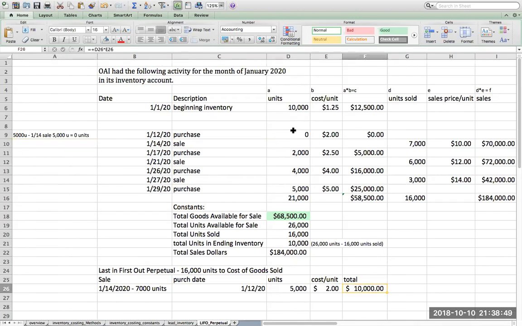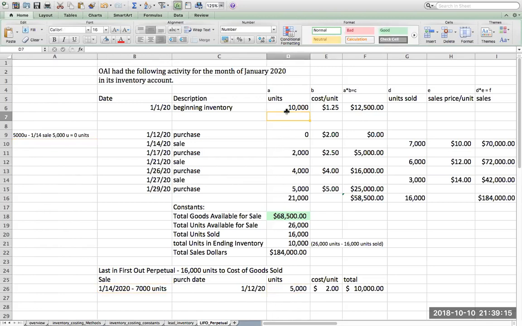But I'm not done. I need more. So where am I going to take the next one from? Last in, first out. Remember, I'm doing perpetual, so I can't come down here. These dates have not yet happened. So I need to go to my beginning inventory. If I sold 7,000 units, I have 5,000 units so far.